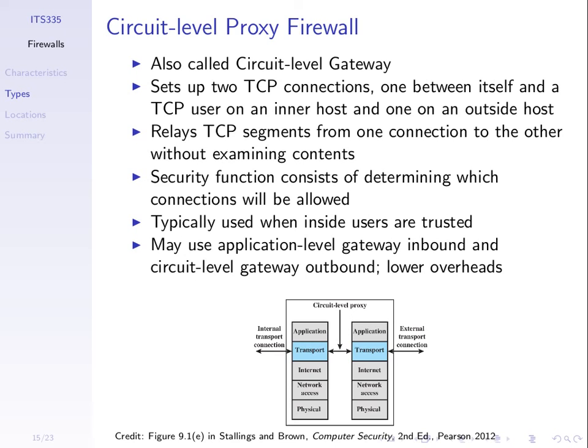Similar is what's called a circuit level proxy. Same concept as we have this intermediate proxy between internal and external, but it deals at the transport level. So what happens is, say, my web browser creates a TCP connection to the proxy, and the proxy creates a separate TCP connection to the real web server.